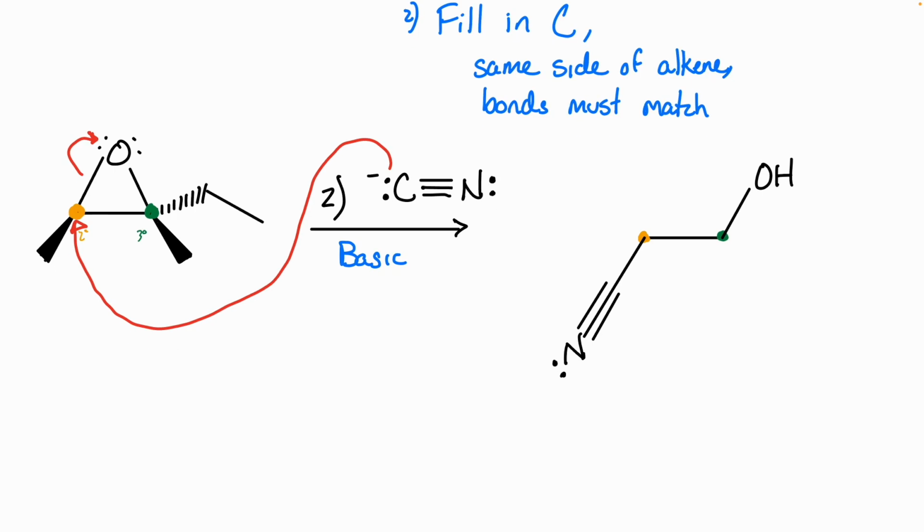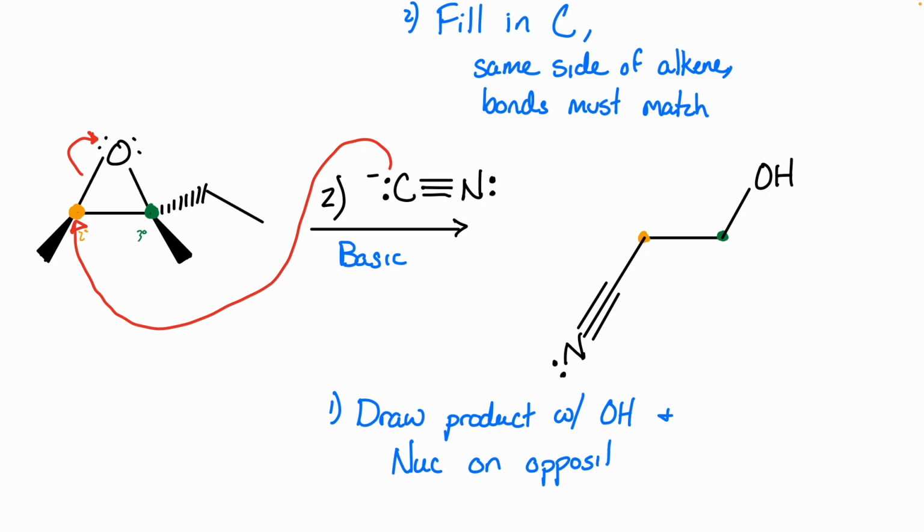Be good and draw that triple bond linear. All right, so here we need to draw our product with our OH and our nucleophile on opposite sides.